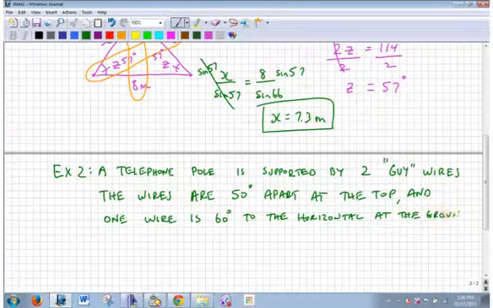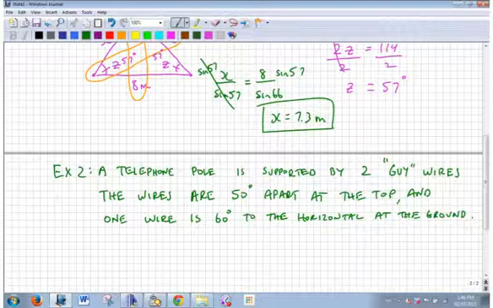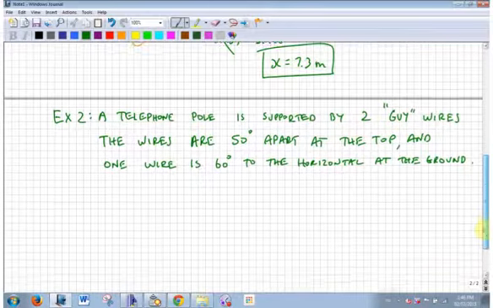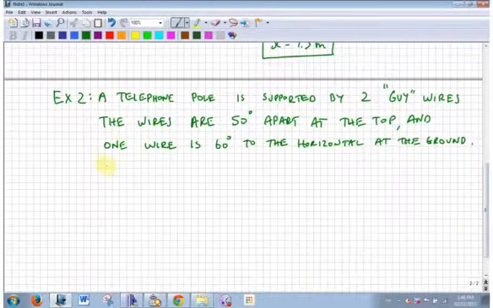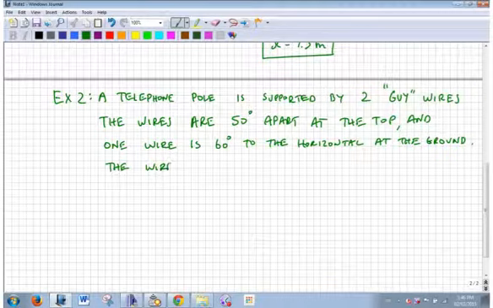I could have used some other terminology here, like angle of elevation, right? Does that say the same thing? Yeah, to the horizontal, to the ground, angle of elevation. But I didn't. The wires are 12 meters apart.